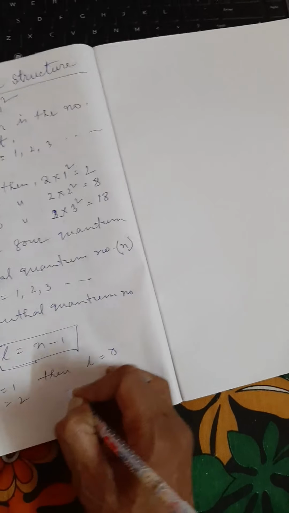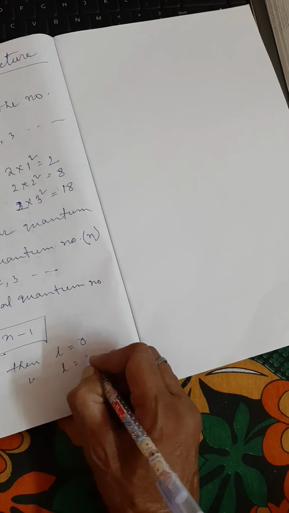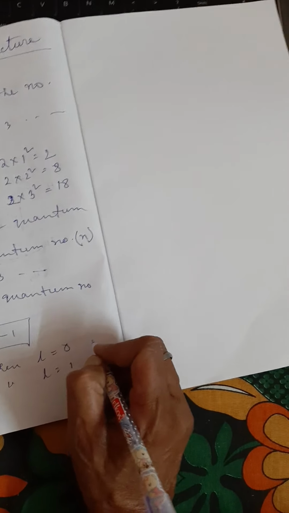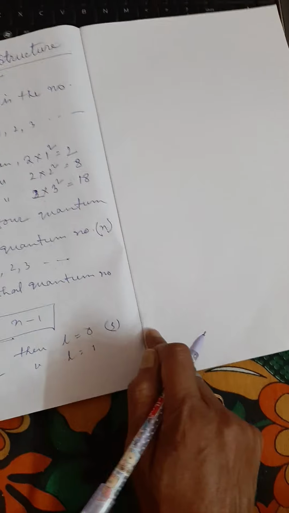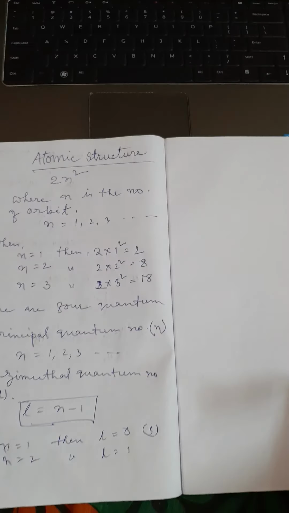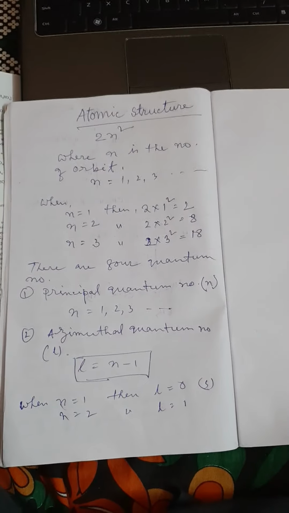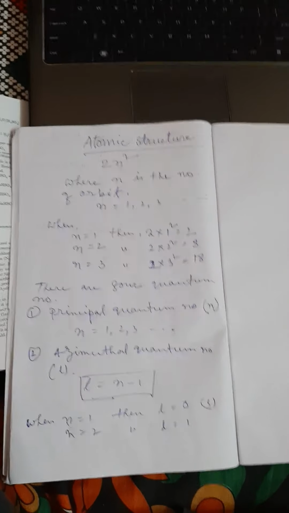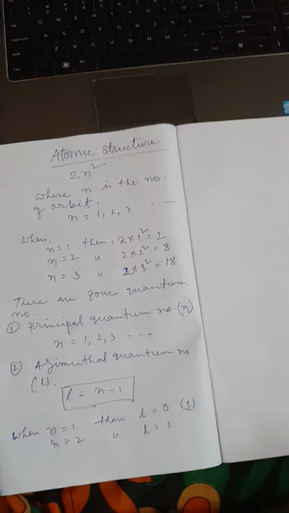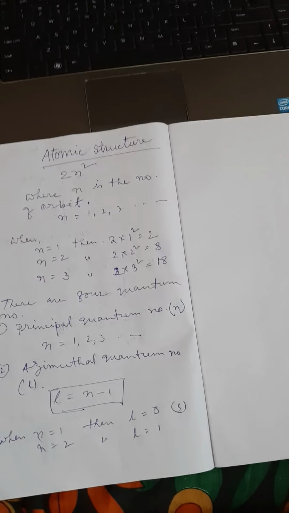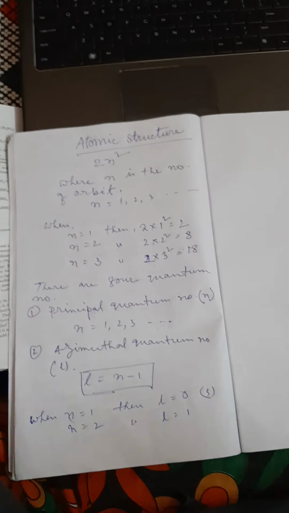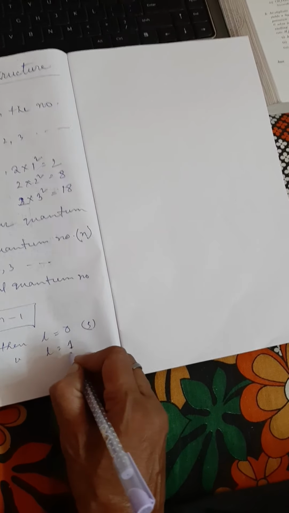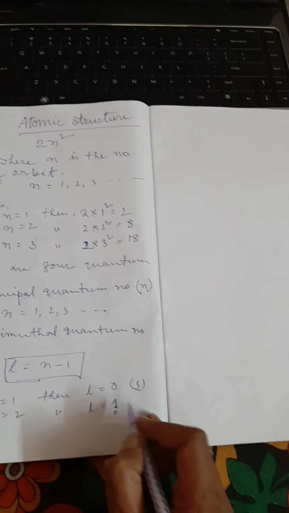Then n equals 2, so l equals 1. When l equals 0, only the s subshell is there. Now when l equals 1, how can 1 come? It comes as 0, then 1.